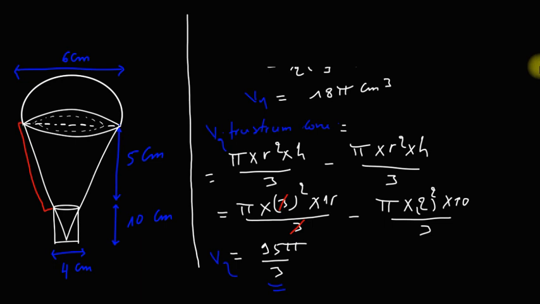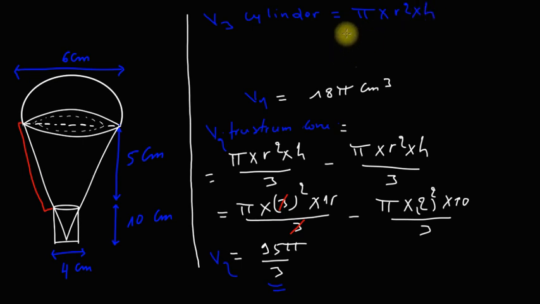Okay, now we are going to calculate the volume of the cylinder. Let's call it volume 3. Volume 3, cylinder. It is equal to pi times radius squared times height.